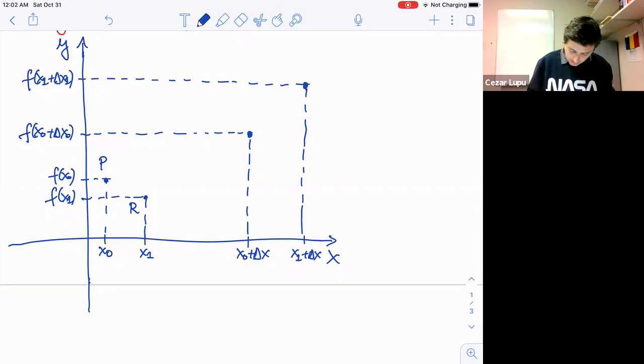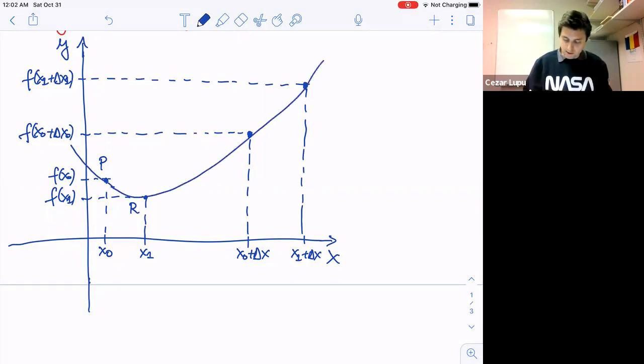I didn't plan to make this look very linear, but anyway, let's just say that this is the curve. I think you can see it. It's pretty clear, I hope. Here I'll have the point, let's say Q, and this will be the point S. P, R, Q, S, whatever.